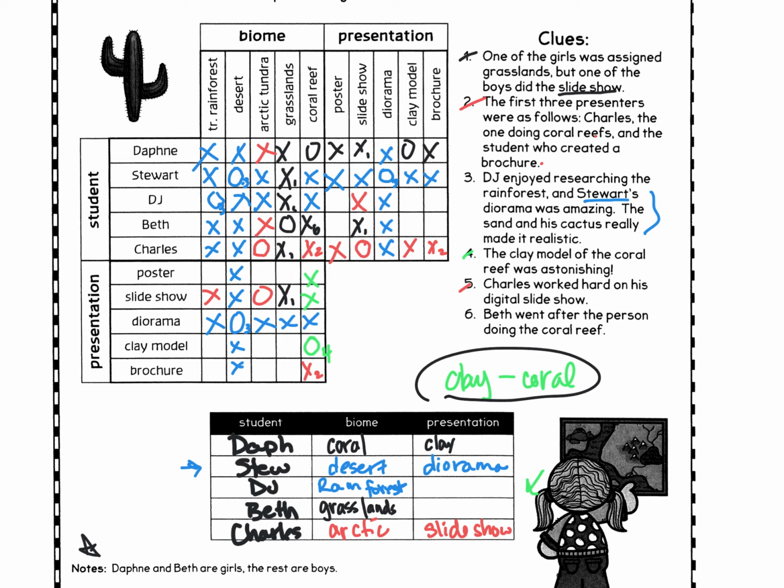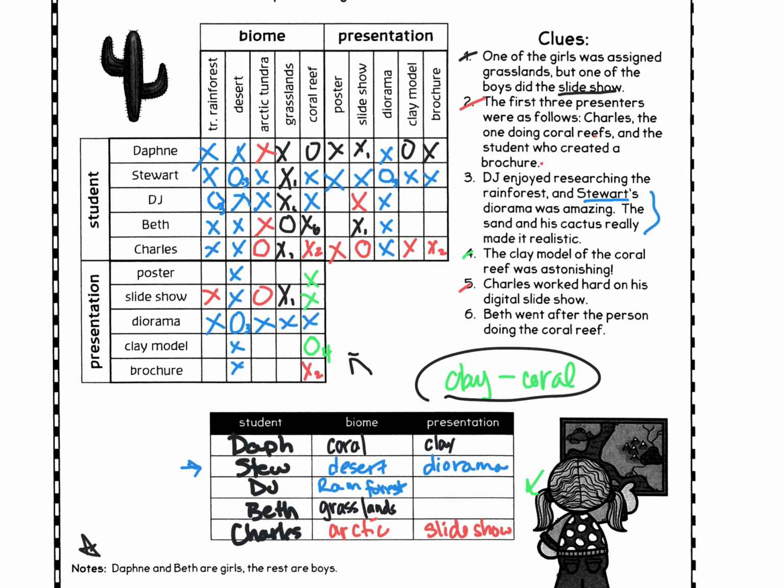All right, so we have just a couple left here. It says Beth went after the person doing the coral reef. Okay, so if we go back up here, the student who created a brochure, we know it can't be Beth because we have the clay model. Good. All right, so let's fill in our table up and down. We need to go back down to this block down here.